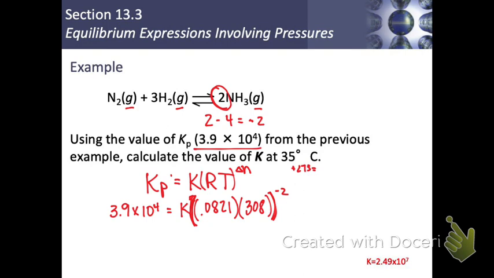And when I do that, I get K times 0.00156. Is that what you had? 3.9 times 10 to the 4th. Okay, so then I'm going to divide that over. I'm going to get a huge number, right? Yeah. Okay. Oh, shoot.